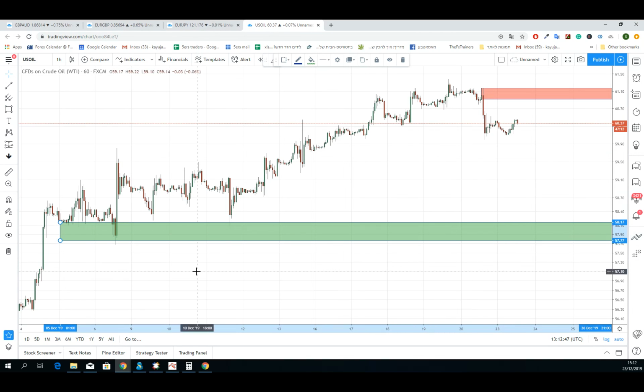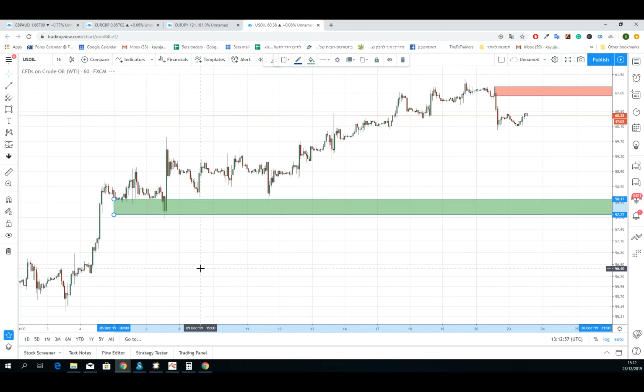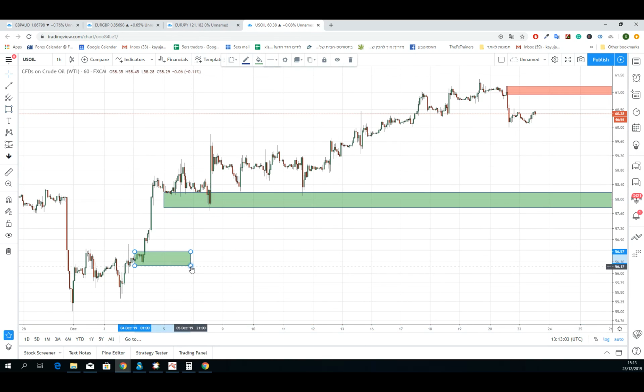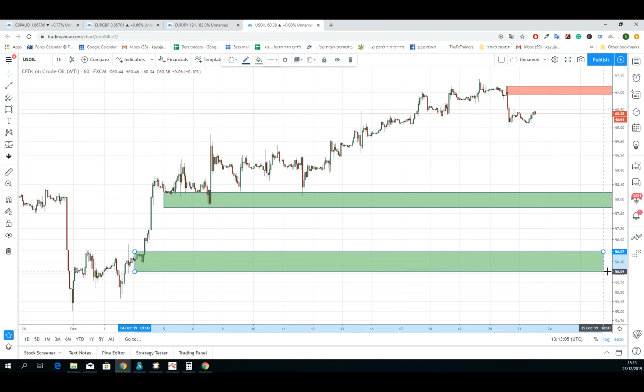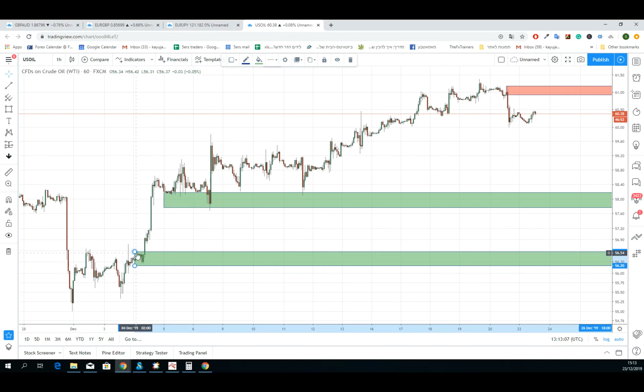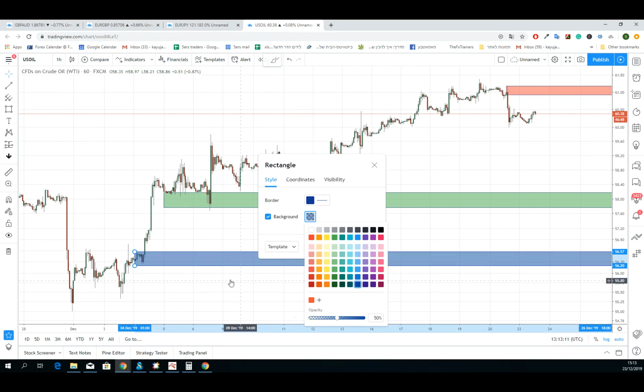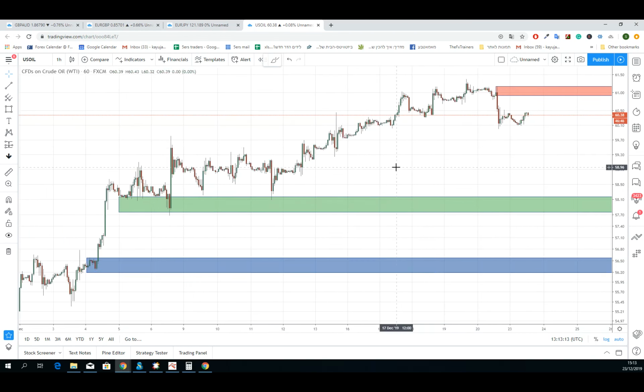So most likely the price will tend to reach this support below, and the final target for this position can be this demand here at the bottom. All right, so let's repeat it.